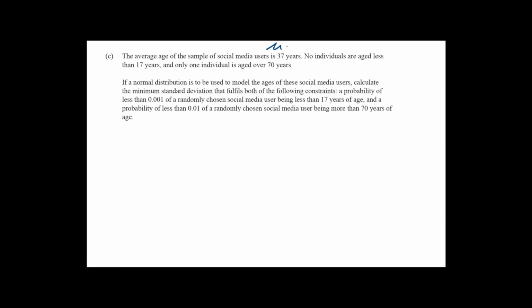So mu equals 37. No individuals are aged less than 17, so there's a limit, and only one individual is above 70.